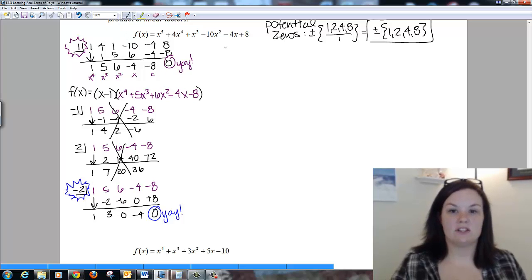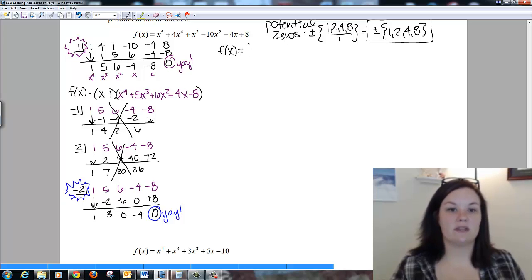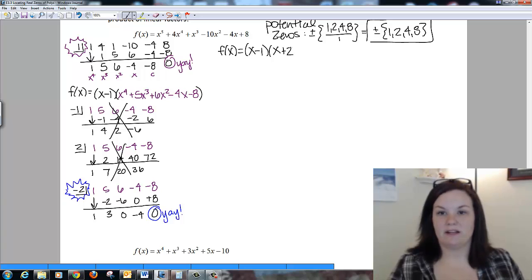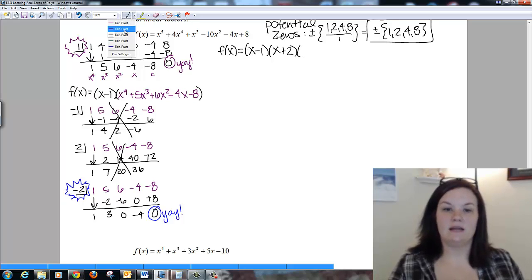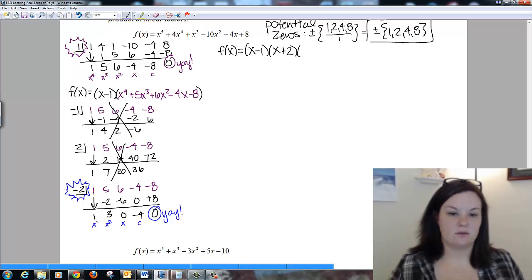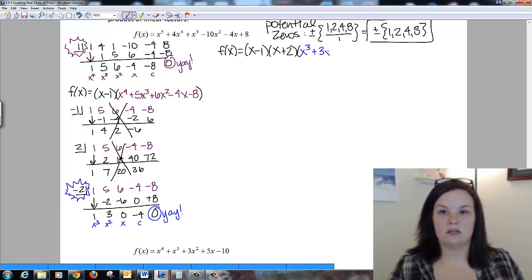So now my function looks like f of x is equal to that first purple 0 that I got, which was x minus 1 as a factor, and now this -2 that I got here in my blue pokey circle, which would be a factor of x plus 2, times my remaining factor here in blue. Remember, this is my constant, this is my x squared, and this is my x cubed. So I'm left with x cubed plus 3x squared minus 4.